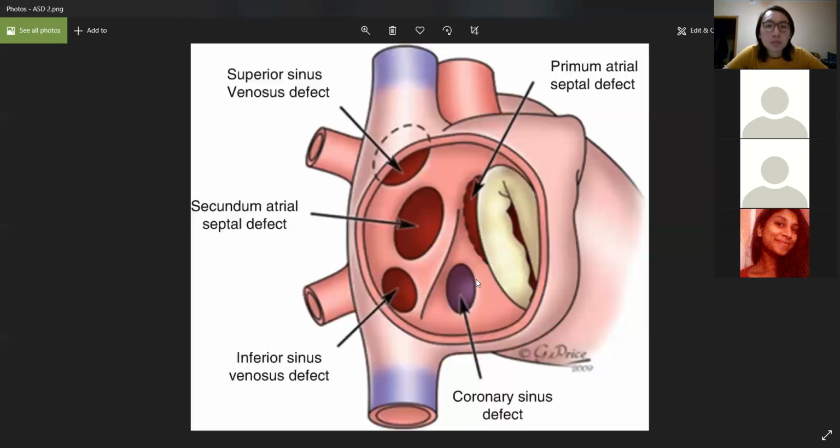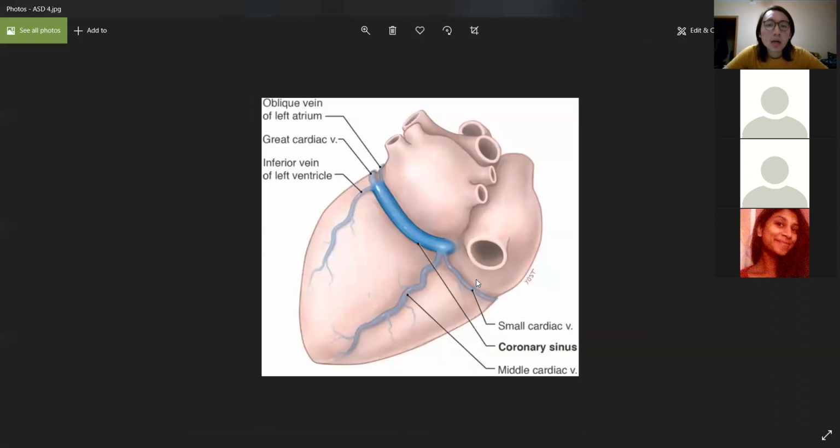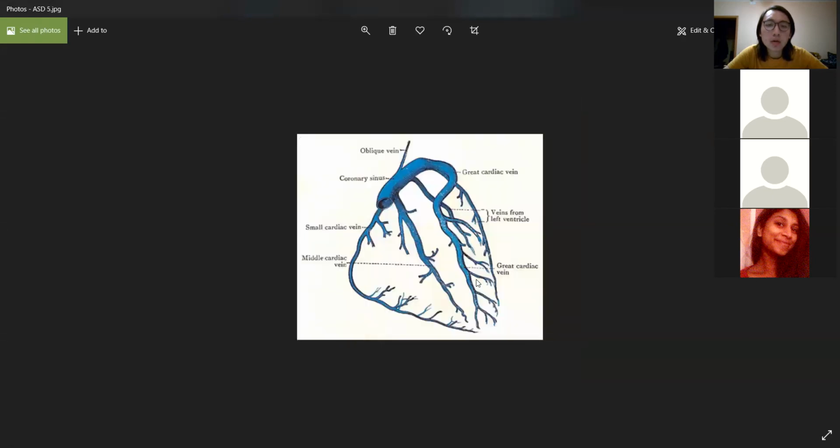As you know, the heart itself also has its own circulation or perfusion, right? Not just arteries, but also veins. As much as the artery perfuses the heart, the veins drain the heart. So it drains into, this is the veins, yeah? It drains into the coronary sinus.